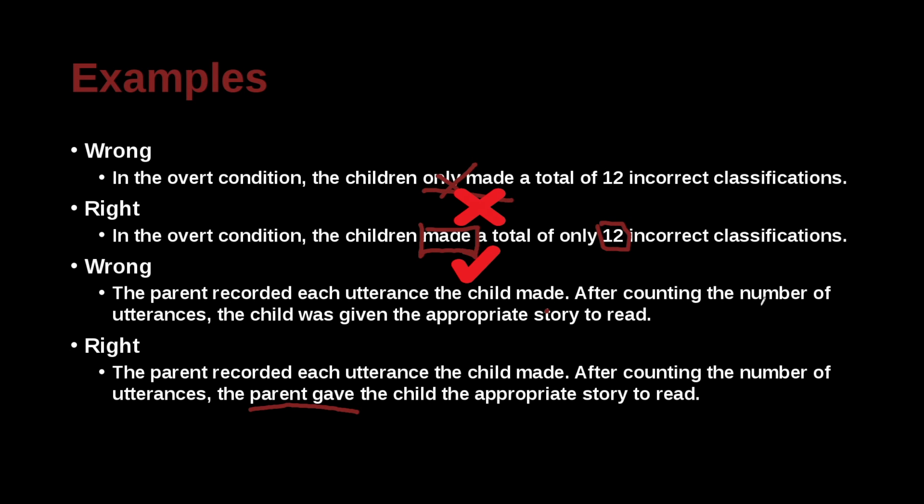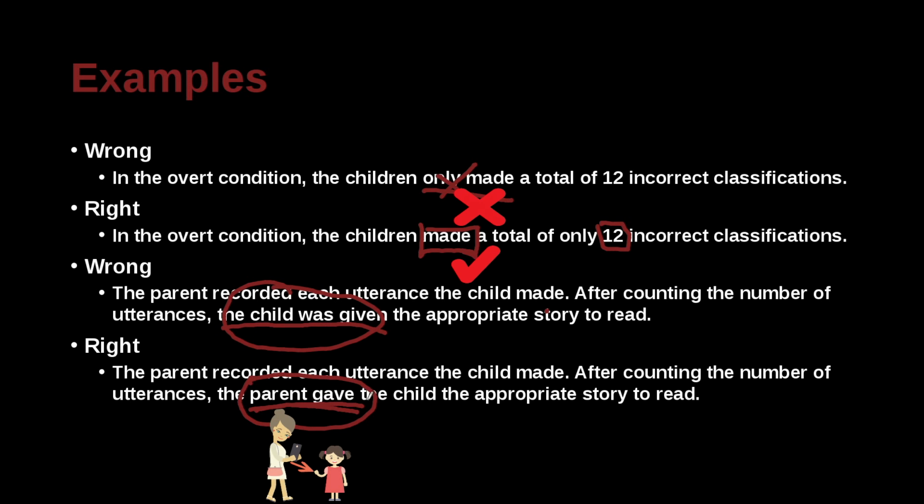After counting the number of utterances, comma, the child was given the appropriate story to read. And here we say the parent gave. So this one here is passive. The child was given something. And here this one, the correct one, is active. The parent gave something.